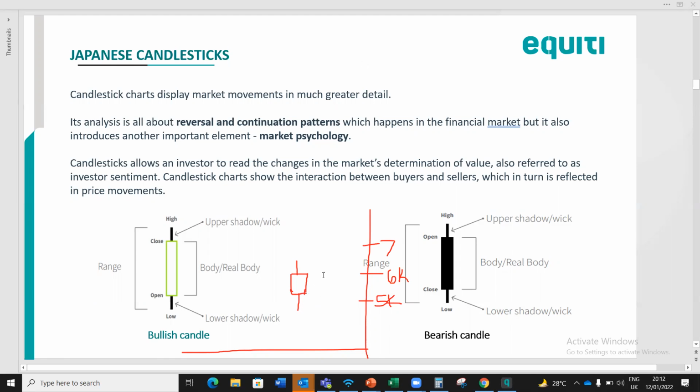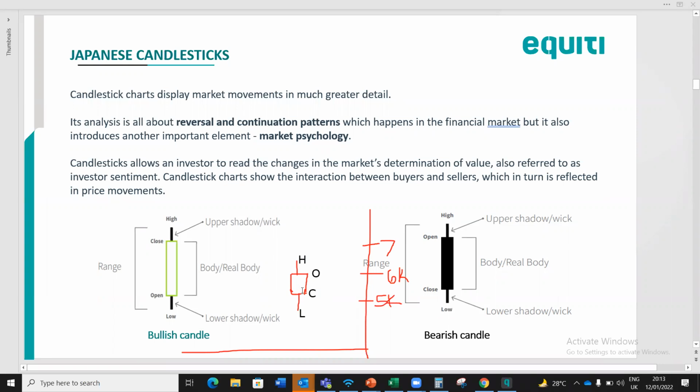So this is how we're going to have it. So this is the opening price. Okay, this is the closing price. This is the highest point the market experienced that day. And this is the lowest point that the market experienced this day.